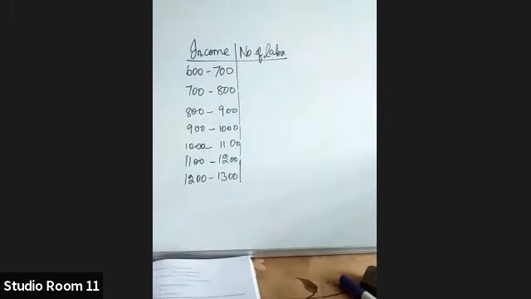Now, number of laborers: 40, 68, 86, 120, 90, 40, 26. This is the number of laborers.